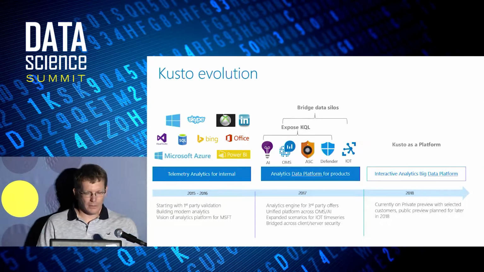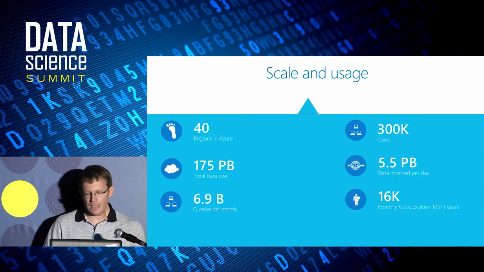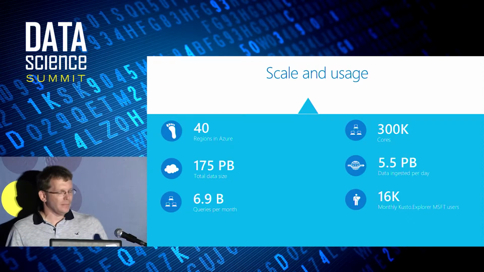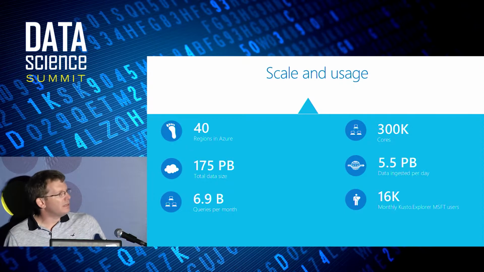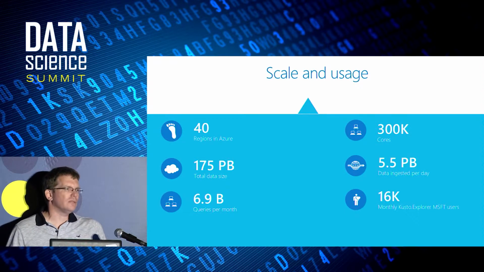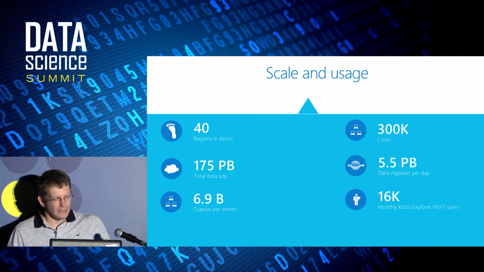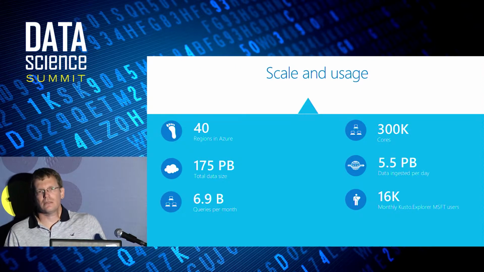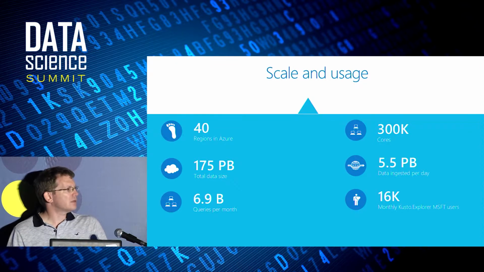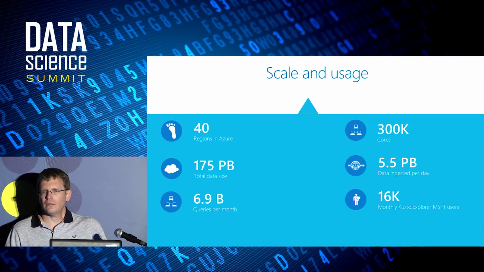I'll talk a little bit about it in a second. In terms of scale, currently we're handling about 5.5 petabytes of new data per day and almost 7 billion queries a month, and this is mostly from internal Microsoft consumption. We are definitely expecting significant growth with the exposure to the full marketplace.